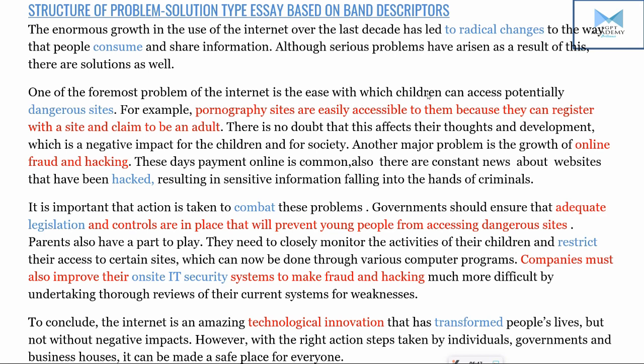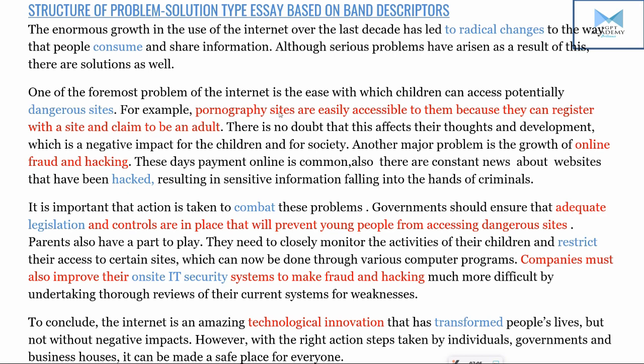So this is the first subpoint given, on why there are problems, and dangerous sites acts as a lexical resource.